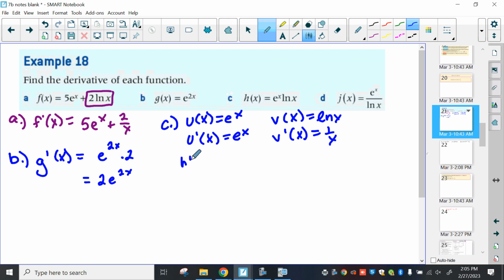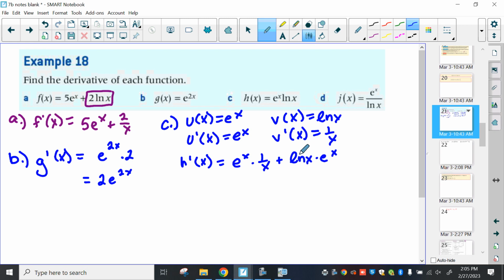So then we do h prime of x, u of x times v prime of x, plus v of x times u prime of x. And then nothing really happens here.